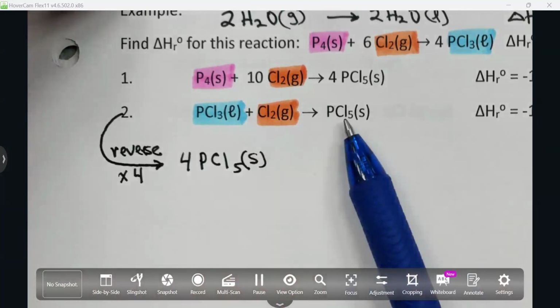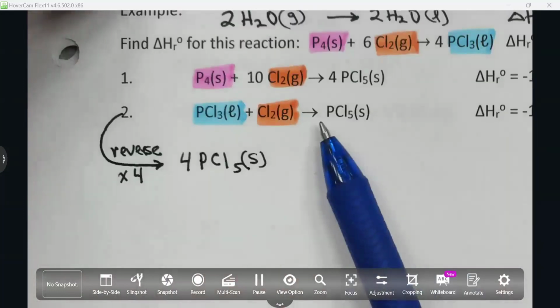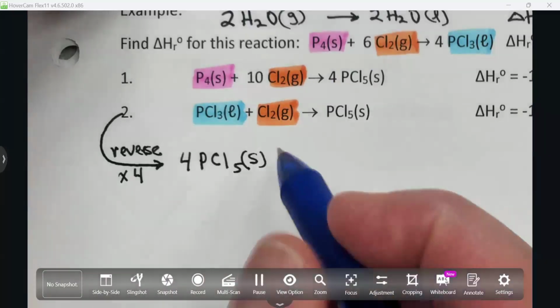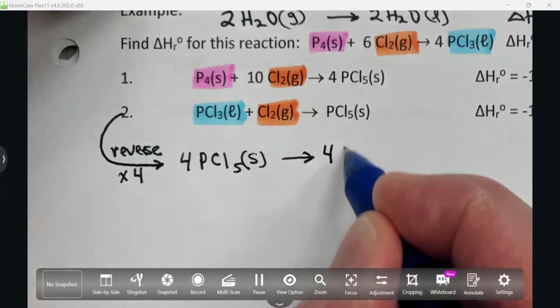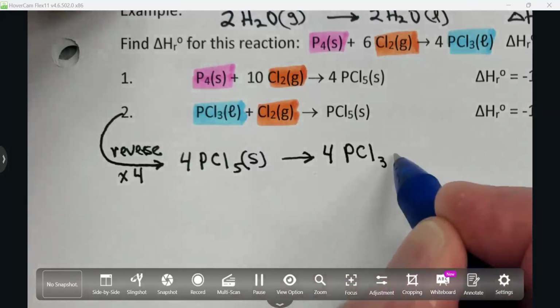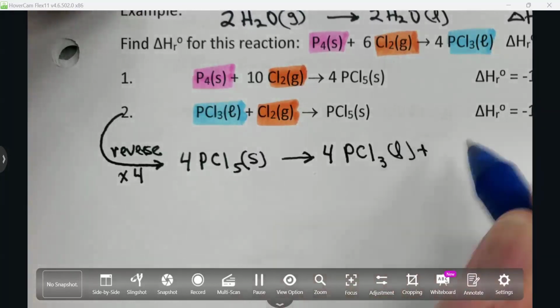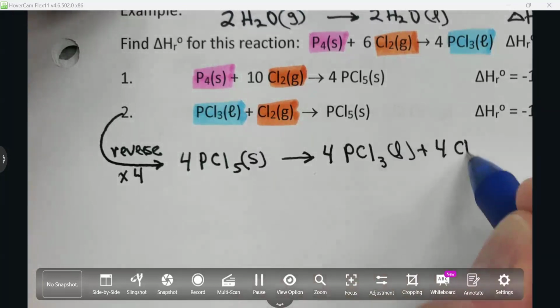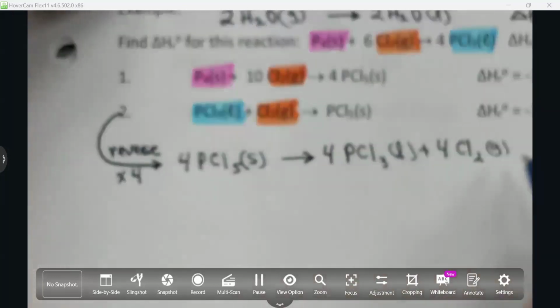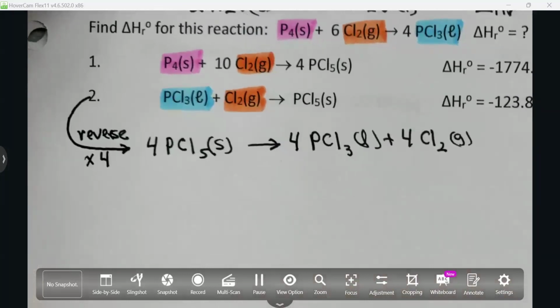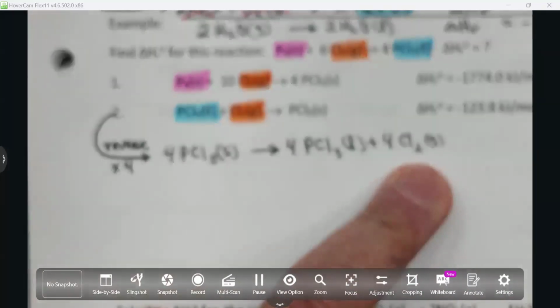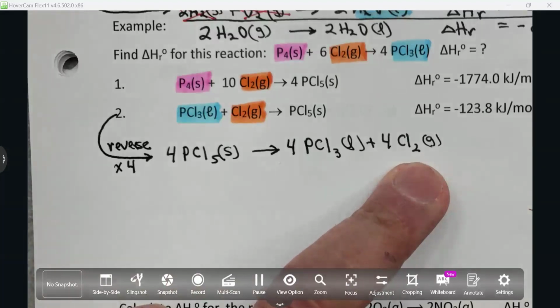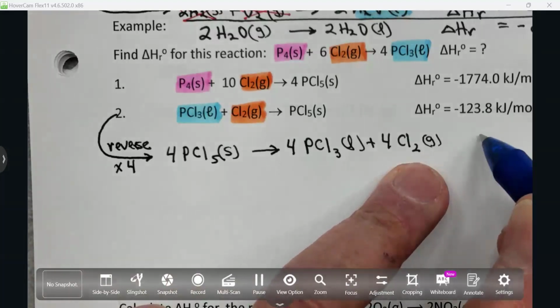That's this reversed. And I'm putting a 4 there. I'm multiplying. I'm going to put a 4 in front of all these. 4 PCl3 liquid. 4 Cl2 gas. I'm going to get 4 times the amount of energy, and I got to switch the sign, right?